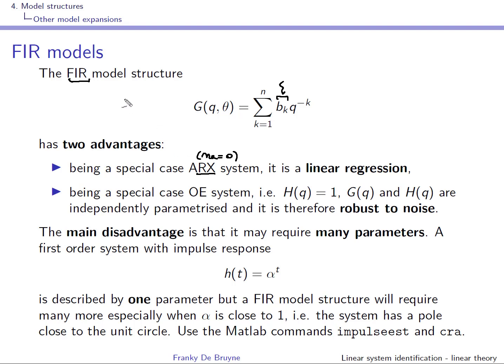So identifying a FIR model is a linear regression. We have seen that this is the case for identifying an ARX model. It's also a special case of the output error system with H(q) equal to 1.